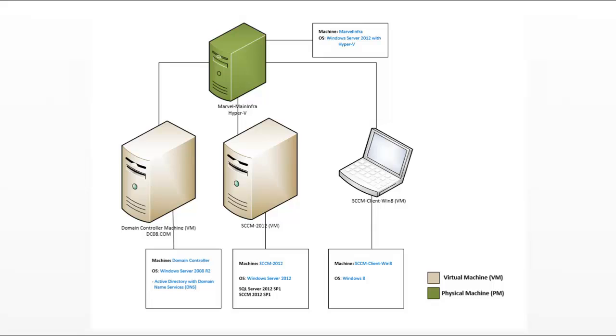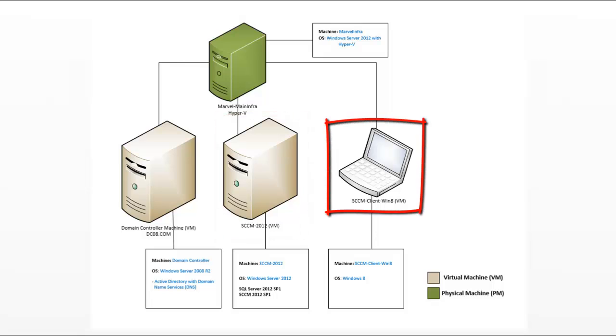Our environment consists of the main machine with Hyper-V that holds all the VMs for our scenario. Of course, these machines can be physical machines as well. The first machine is a domain controller that has Windows Server 2008 R2 Service Pack 1 with Active Directory. The second machine has Windows Server 2012, and this machine will be used to install System Center Configuration Manager 2012 Service Pack 1.